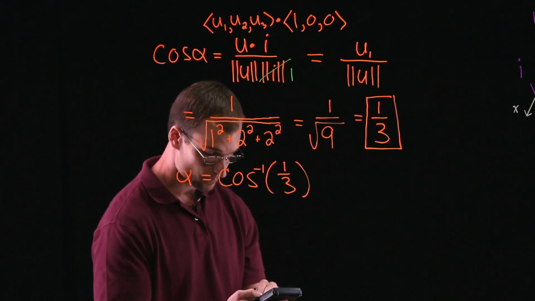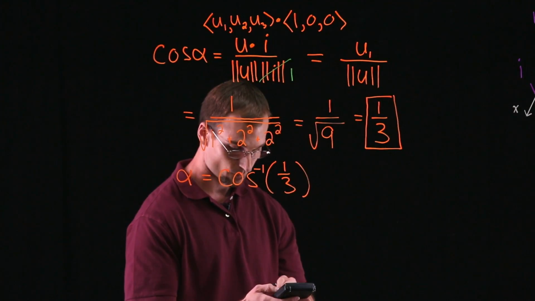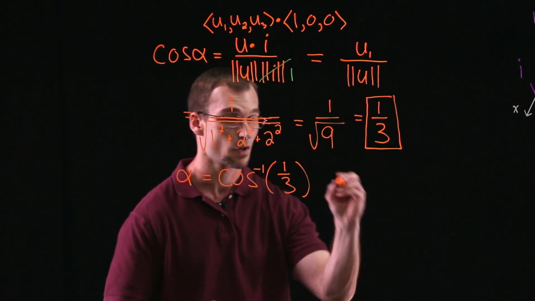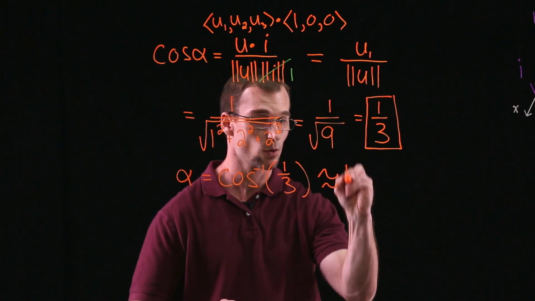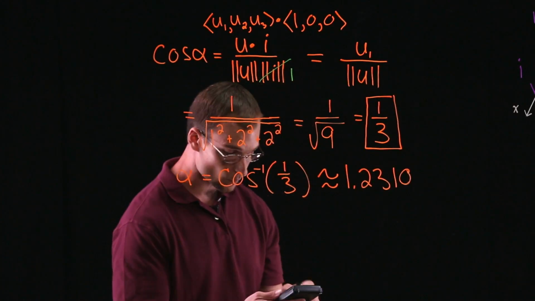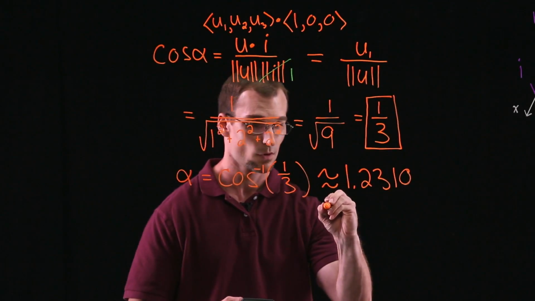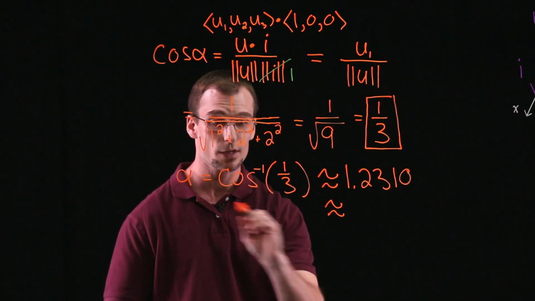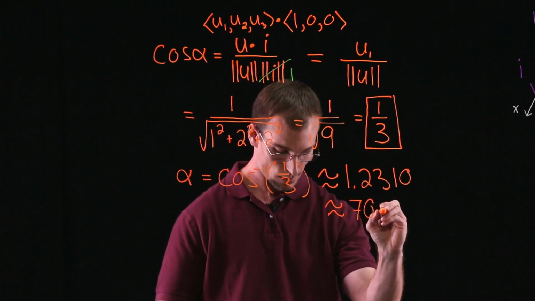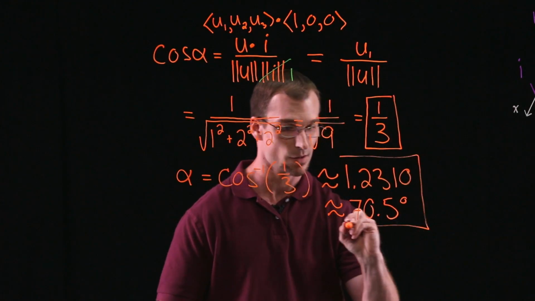So first in radian mode, cosine inverse of 1/3 is approximately 1.2310, and then in degrees, just changing our mode to degrees and typing in cosine inverse of 1/3 gives us approximately 70.5 degrees. So there's the angle of u with respect to alpha.